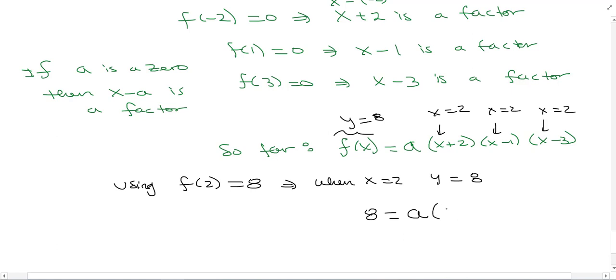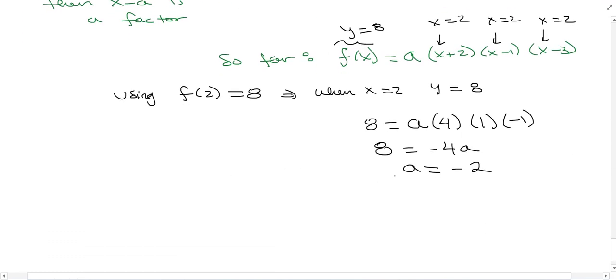So I'm going to have 2 plus 2, which is 4, 2 minus 1, which is 1, and 2 minus 3, which will be -1. And so what does that give us? 8 equals 4 times 1 times -1, so -4a, which says a is -2 once you divide both sides by -4.